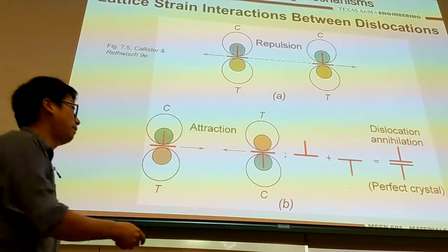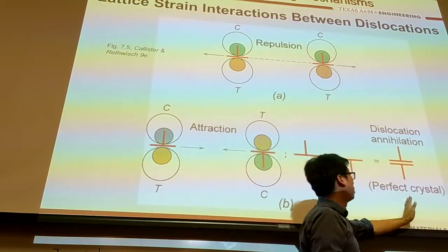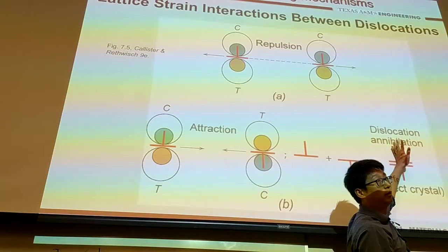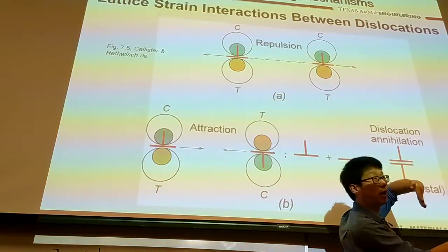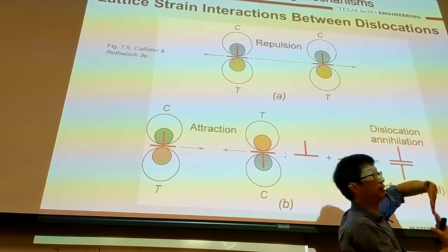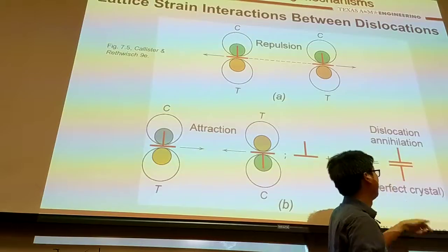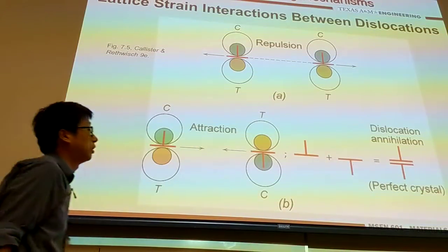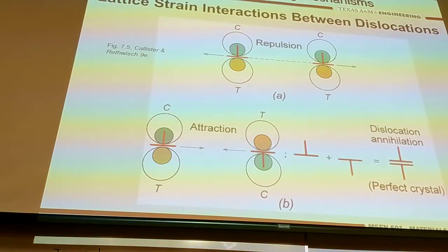In the end, they will form a perfect atomic plane instead of half atomic planes, because the halves put together form a single crystal plane, and therefore they form a perfect crystal. This is called dislocation annihilation.